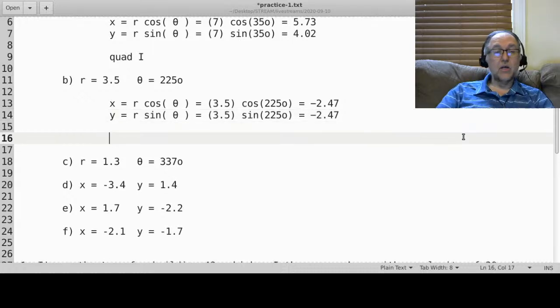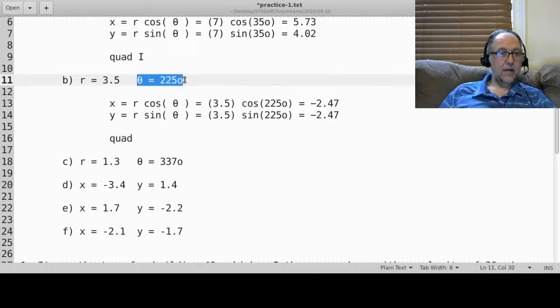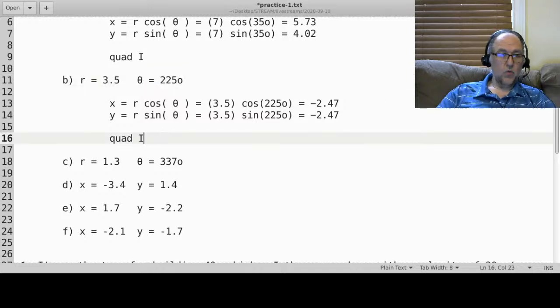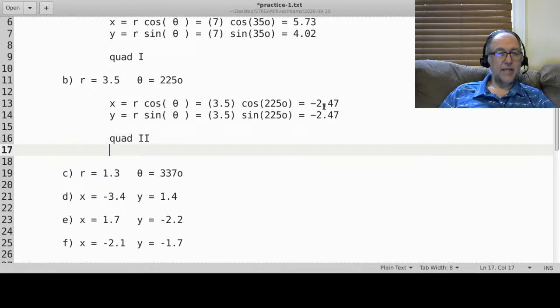They're identical, and I'll show you why in just a minute. And this is going to be in which quadrant? Well, again, 2 ways to see that. When your angle is bigger than 180 degrees but less than 275, you are in quadrant number 2. The other way you could see that is that both x and y are negative.